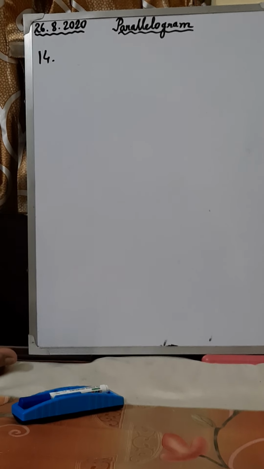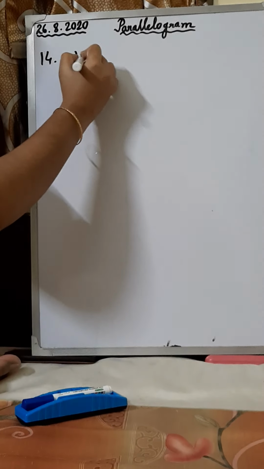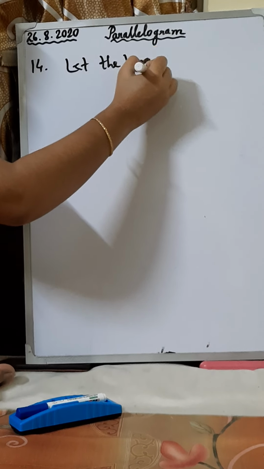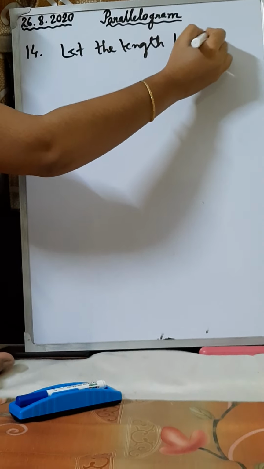Find the area of the park. Let the length be 3x and breadth be 2x because the ratio is given, right?